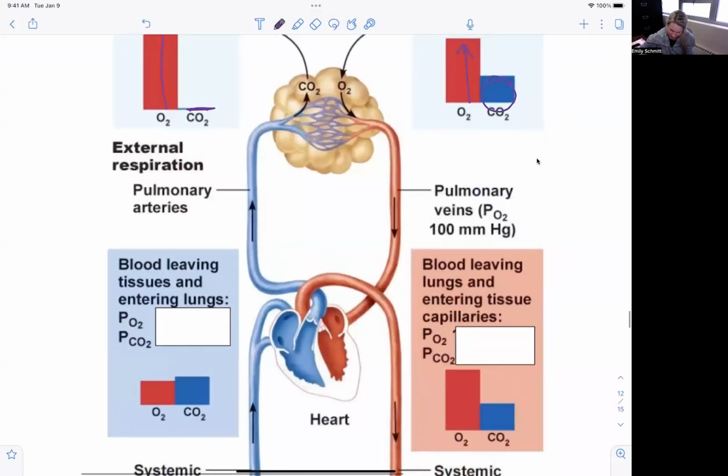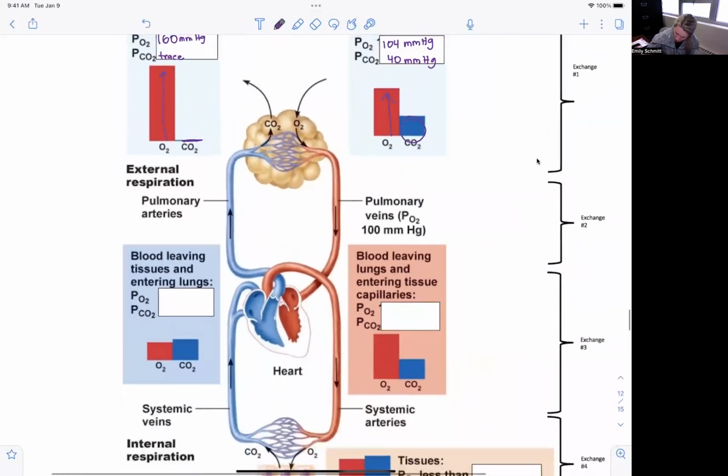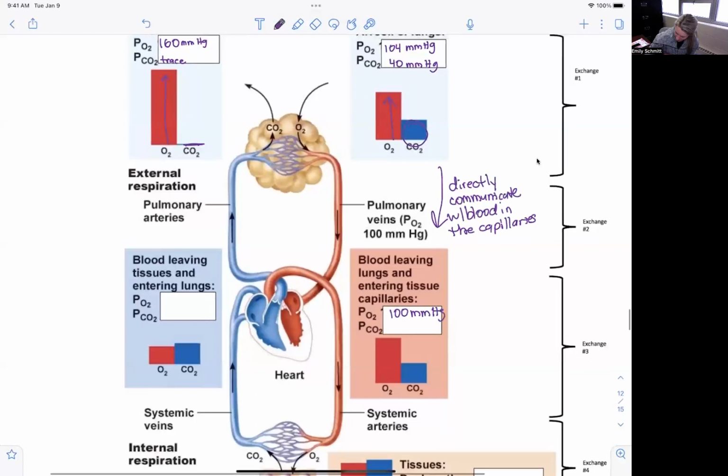And then what's going to happen next is we are going to directly communicate with the blood in the capillaries. And this will be a partial pressure of oxygen of 100 millimeters of mercury, and carbon dioxide is going to stay around 40 millimeters of mercury.